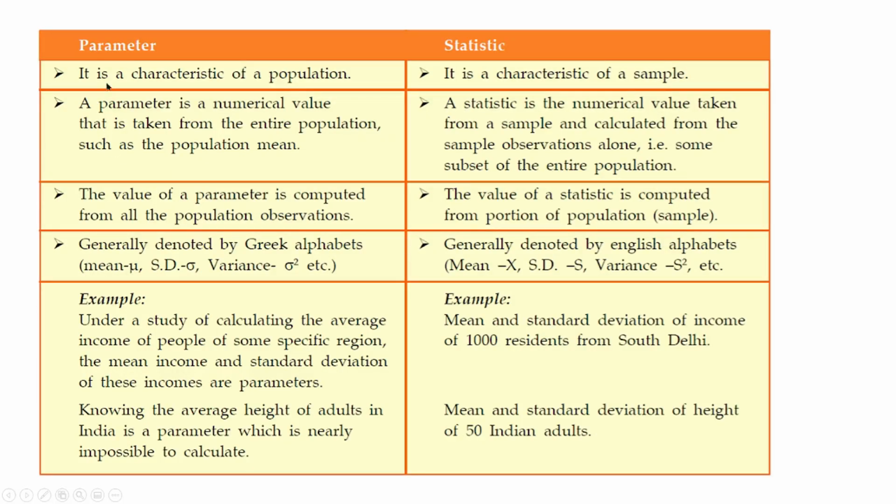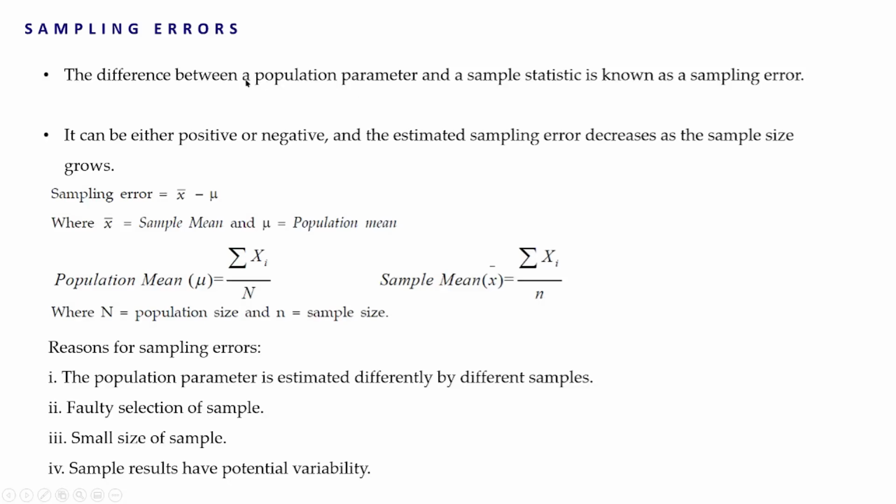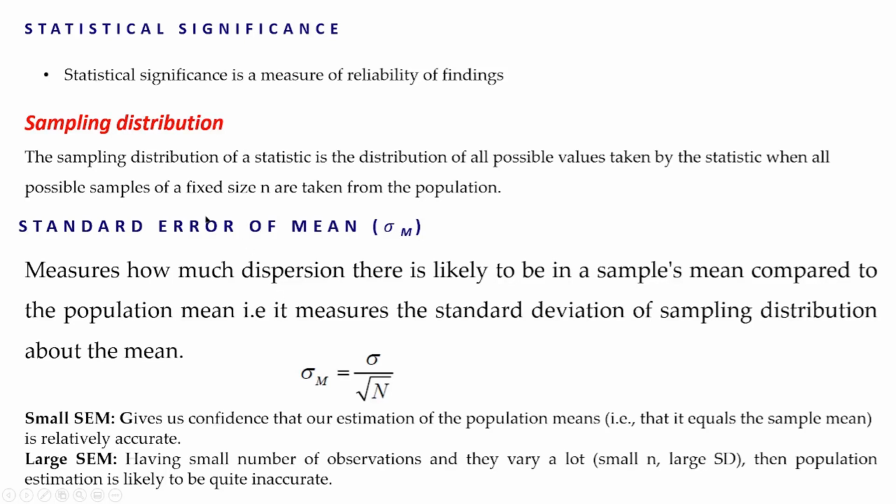And then we have difference between parameter and statistic. And next, meaning of sampling errors and how they can be rectified. What are the reasons? Next, we have statistical significance. What is the meaning of statistical significance? Then what is sampling distribution? Next, we have standard error of mean given by sigma by root n.